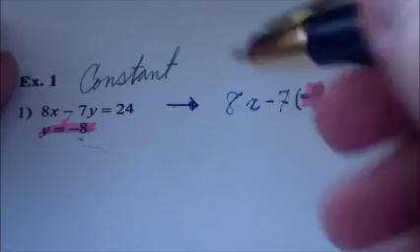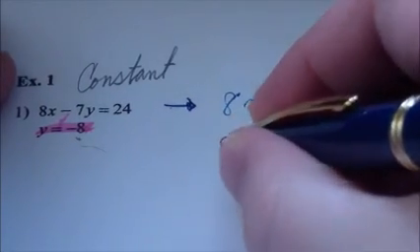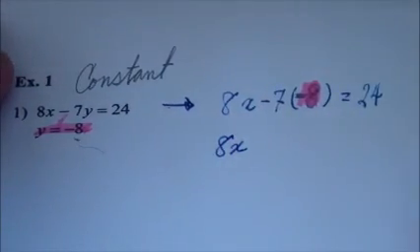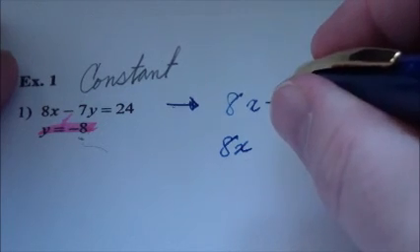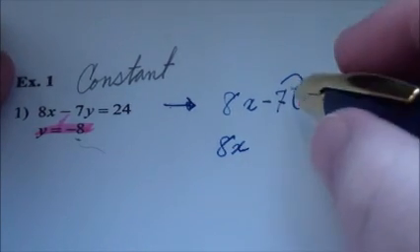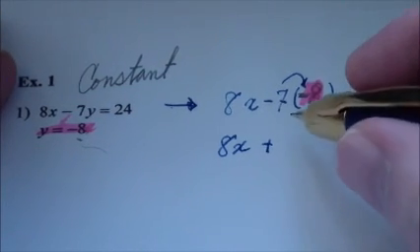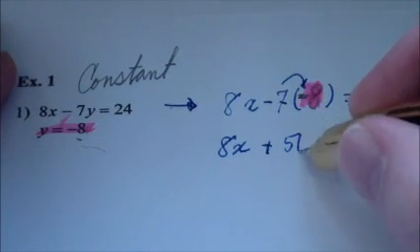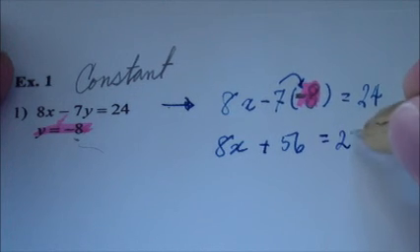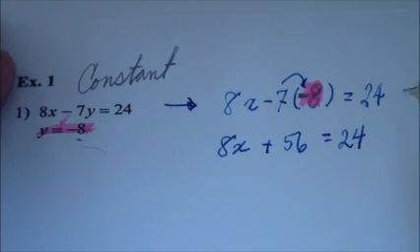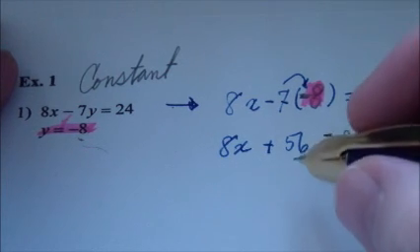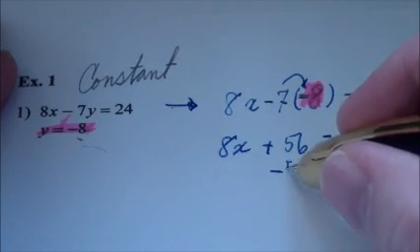Okay, let's run through it. First, the 8x is still the same, so we have 8x. Got to distribute in. Negative times a negative is a positive. And 7 times 8 is 56. We have 8x plus 56 is equal to 24. We're going to subtract 56 from both sides.